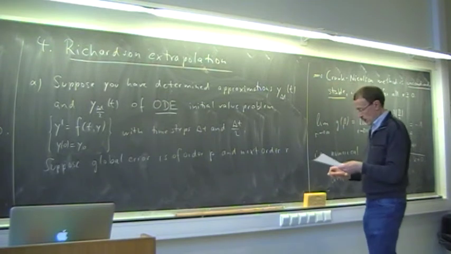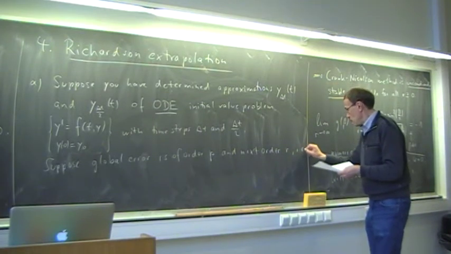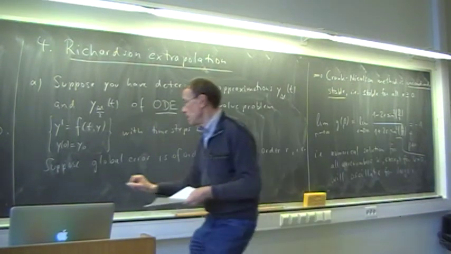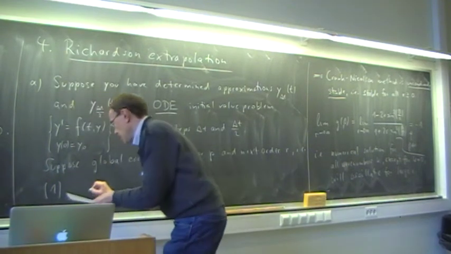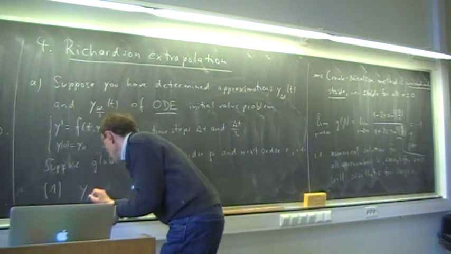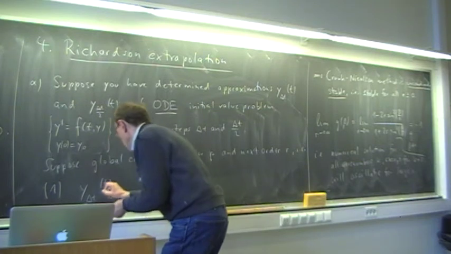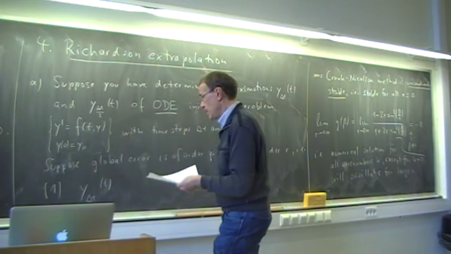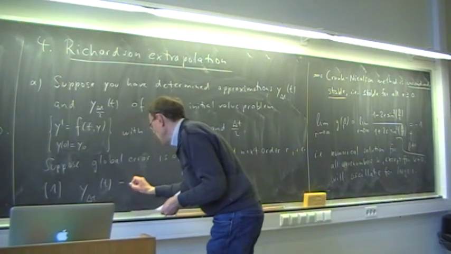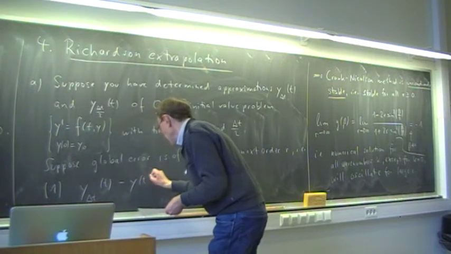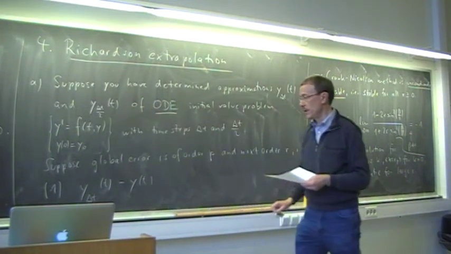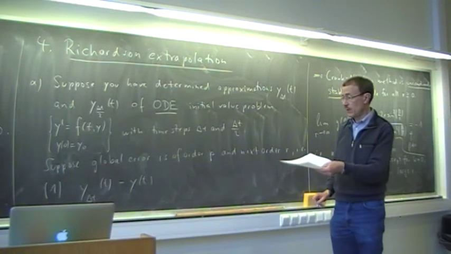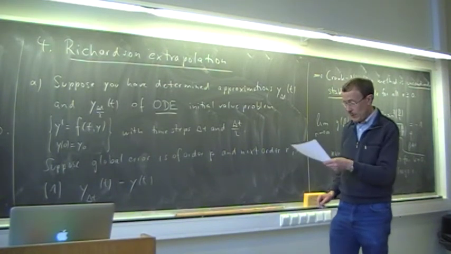So that means we assume the following. We assume that we can express the error of the approximation at the time t computed with the time step delta t with respect to the exact solution. So y delta t is the numerical solution, the approximation, y of t the exact.